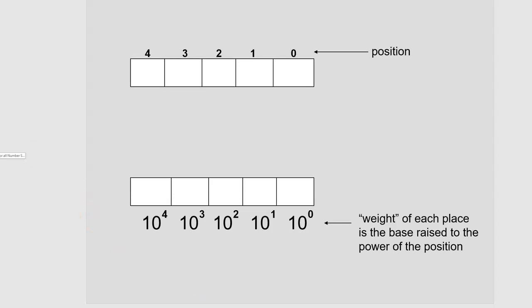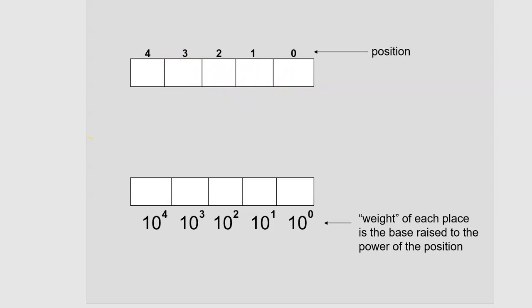So let's say I gave you the decimal number 1024. So I got a 1, 0, 2, 4. What exactly does that mean?